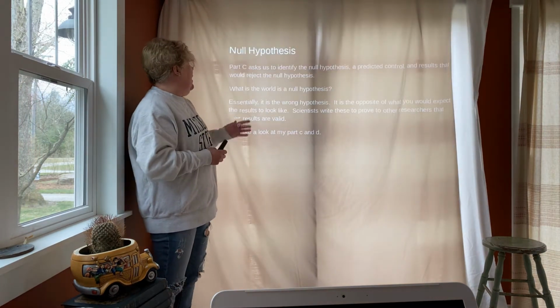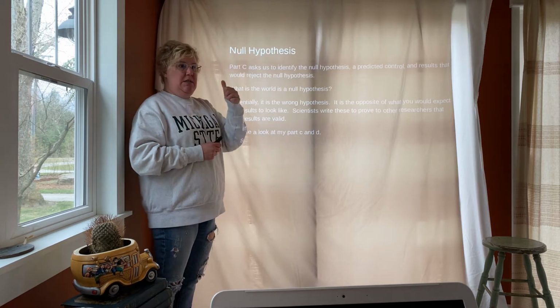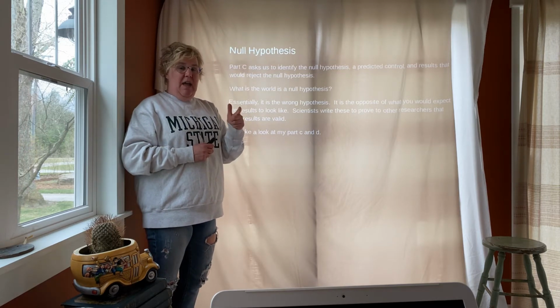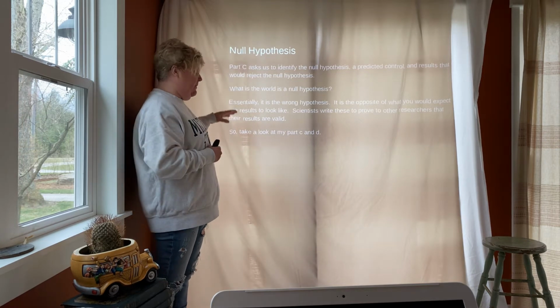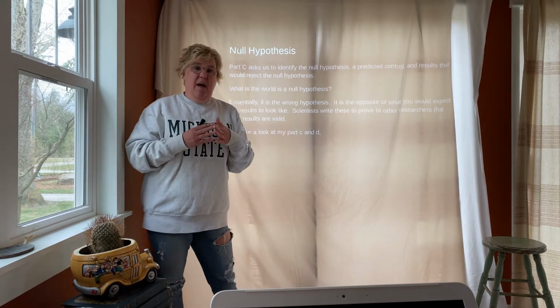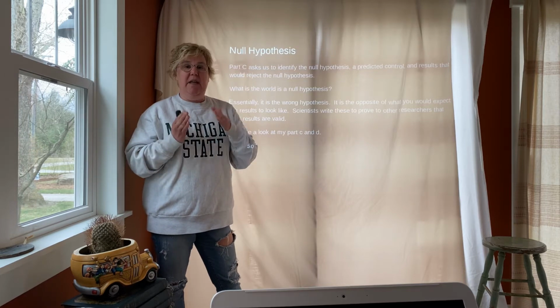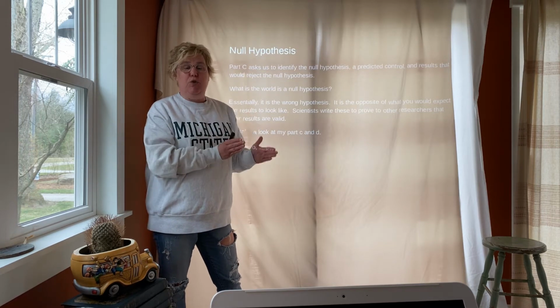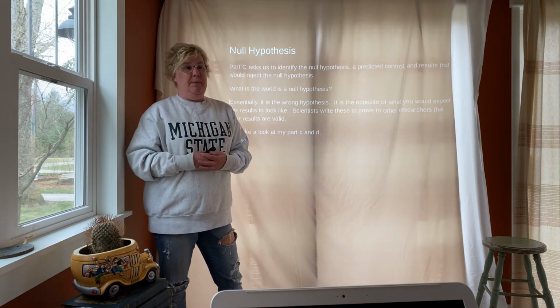So, part C asks you to identify a null hypothesis, the control in your experiment, and your predicted results. So what is a null hypothesis? So it's defined here for you. But essentially what a null hypothesis is, it's the opposite of what you think would happen. It's the opposite of your predicted results, your real hypothesis, your research hypothesis.